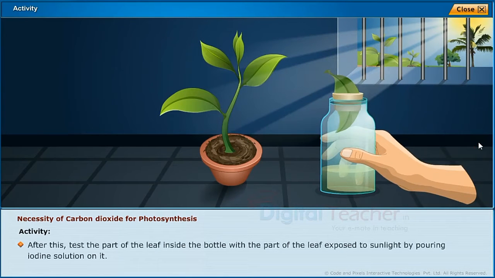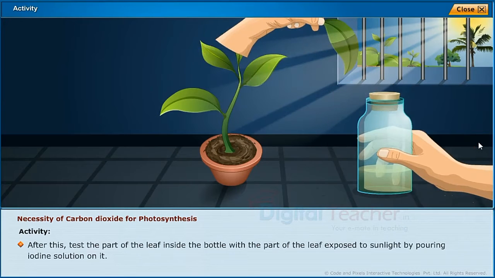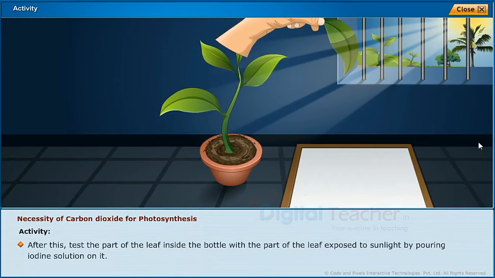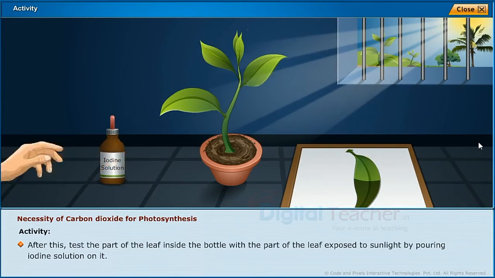After this, test the part of the leaf inside the bottle and the part of the leaf exposed to the atmosphere by pouring iodine solution on it.